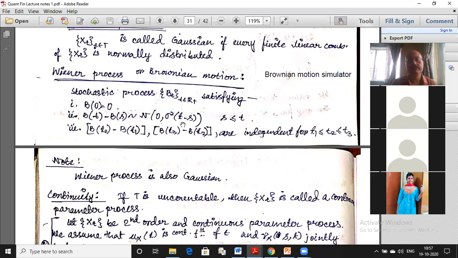So the variance, see, this is very important. We will understand this more a little bit later, that the variance is proportional to the time difference, time gap. So B_t minus B_s follows normal 0, sigma square times (t minus s). Sigma square is some scaling constant that we can estimate. If it's a standardized Brownian motion, then we will just take sigma square equal to 1, as in a standard normal distribution.